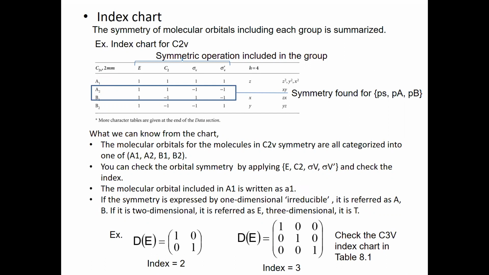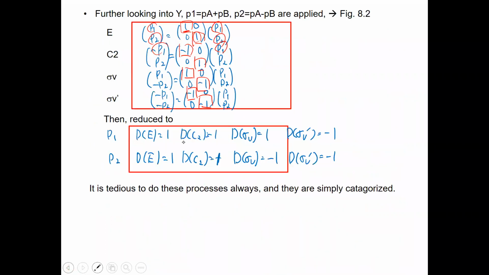And the one thing I would like to remind you is that in the example of the C2V case, all the symmetry operations were reduced to one-dimensional. So the transformation matrix was only a single number, and that's why this number is directly equal to the index value.